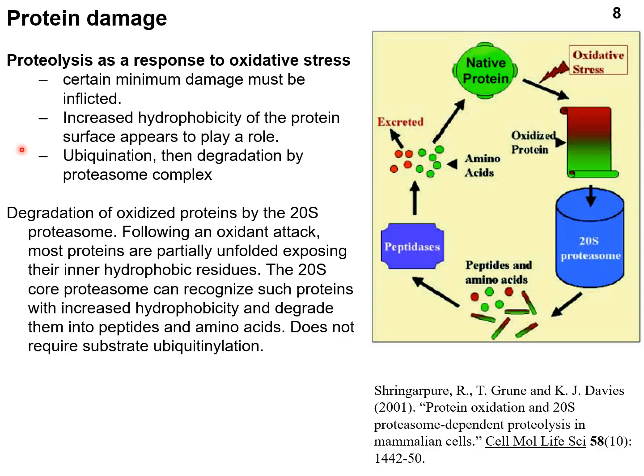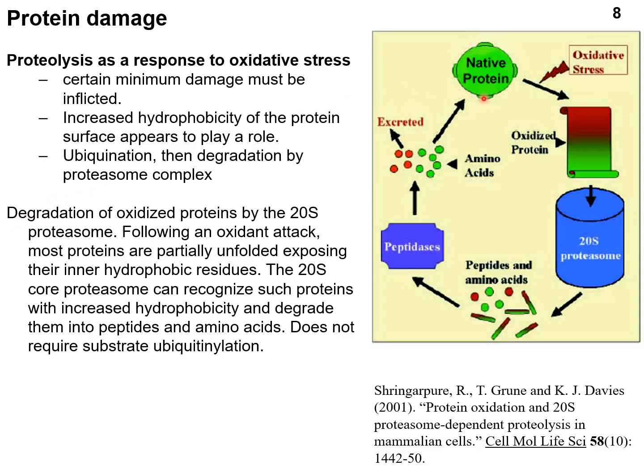And it can follow the usual process of protein degradation, which is through ubiquitination, and then degradation by the proteasomal process. Another pathway is by direct degradation by the 20S proteasome.